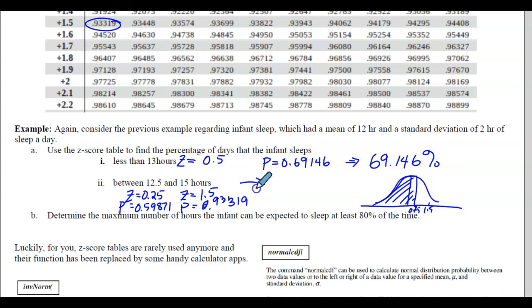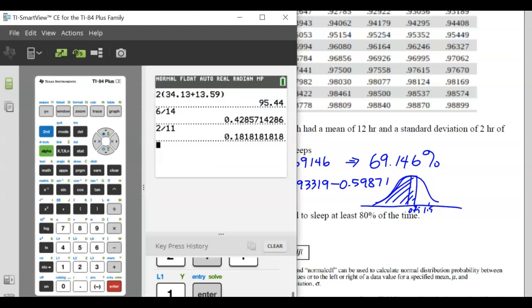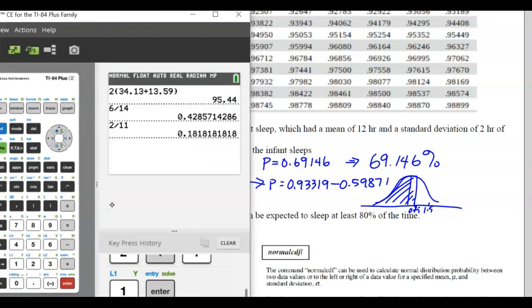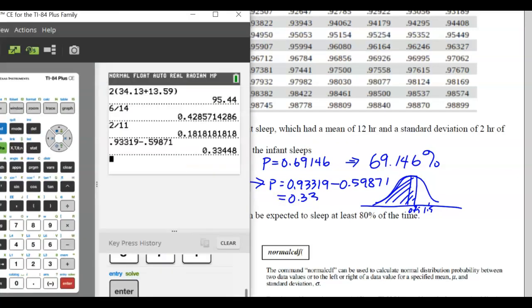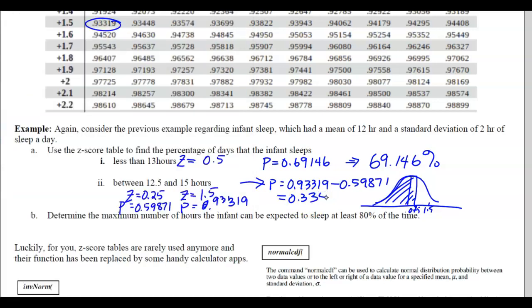Then the probability will be the subtraction of those, which is 33.448%.